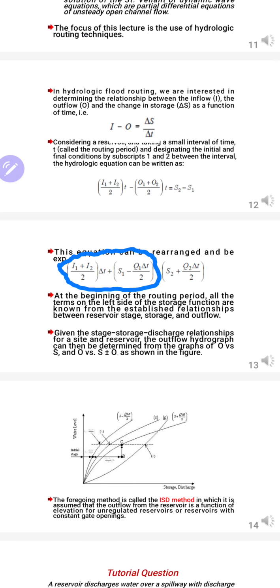Then it was just rearranged, grouping the known variables on one side and the unknown variables on the other side. So this side, these are the variables which are not known.